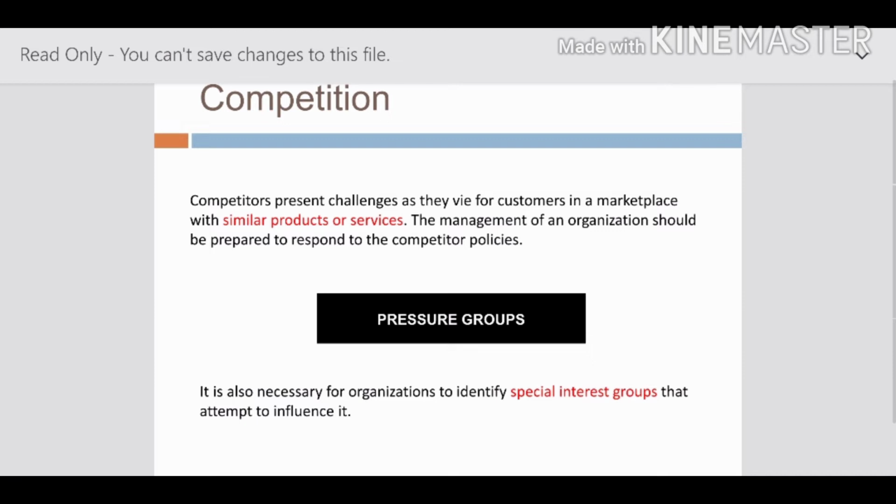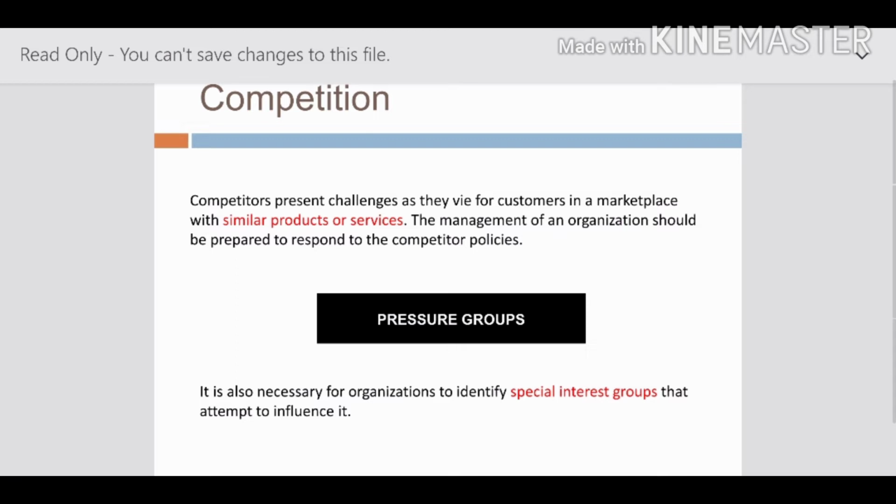Okay, so though it can be internal related issues, we need to identify on what level the competition is being faced. Either the product acceptance, or sending the product to different areas, or product modifications. So these are all the factors which need to be compared with our competitive products.